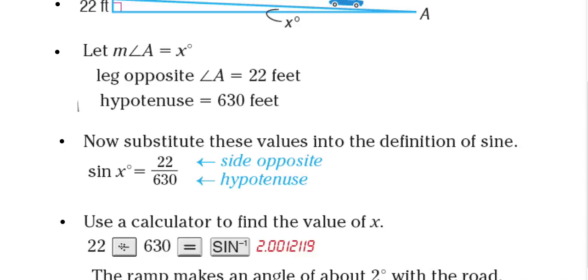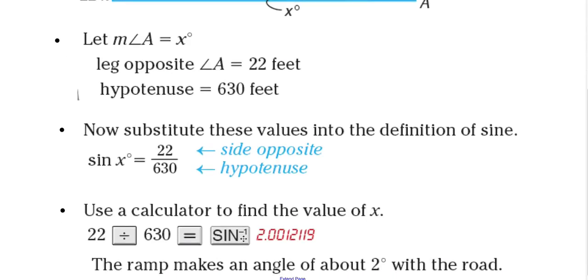We took 22 and, using our calculator, divided by 630, pressed the equal sign, and then pressed the sine to the -1 button. And then the ramp makes an angle of about 2 degrees with the road. Again, let me caution you, some calculators will let you press shift before you click on sine -1, and so on and so forth.